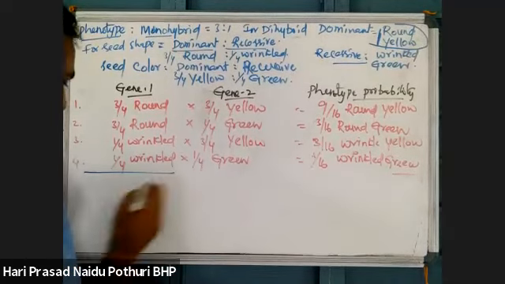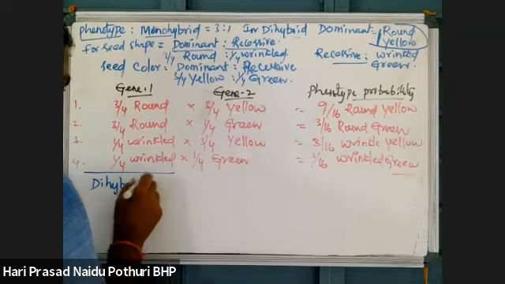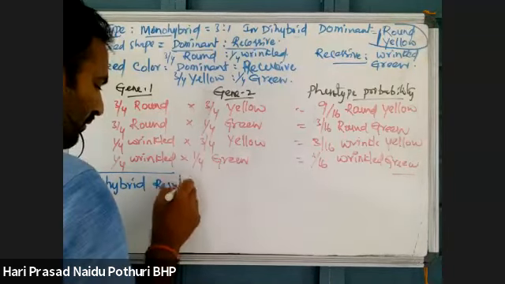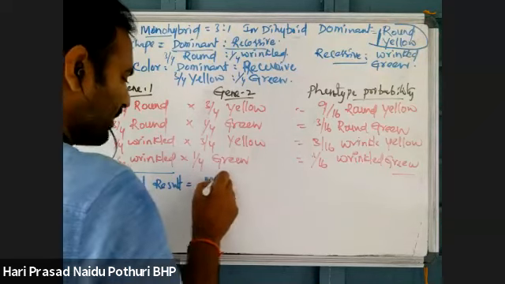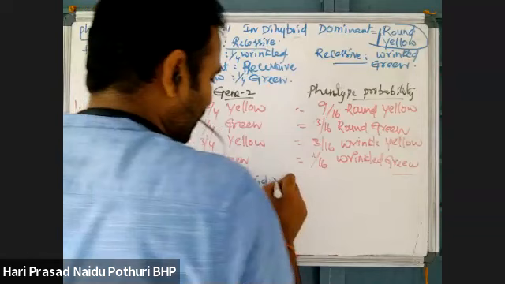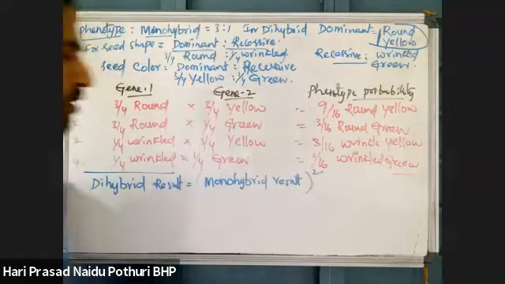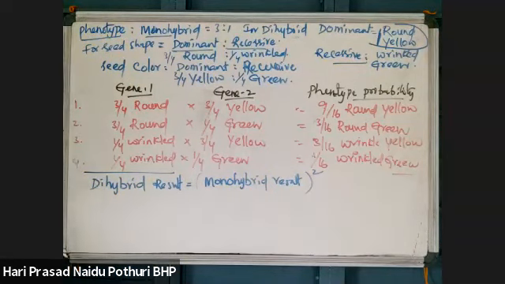How results will come: if we see dihybrid results, dihybrid result is equal to monohybrid results square. How many results are coming in a monohybrid cross, per square, that will give dihybrid results.